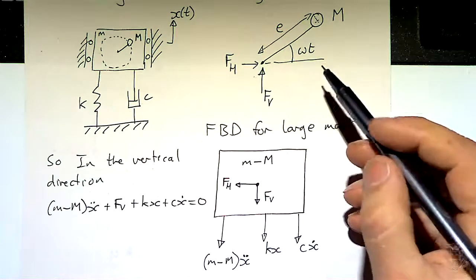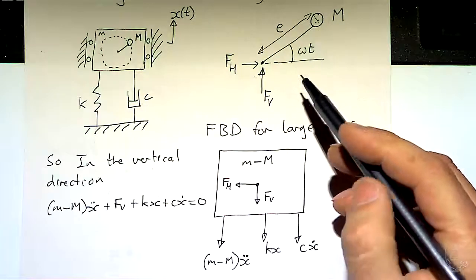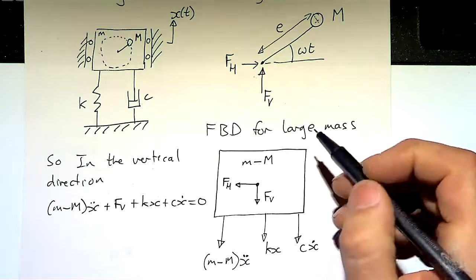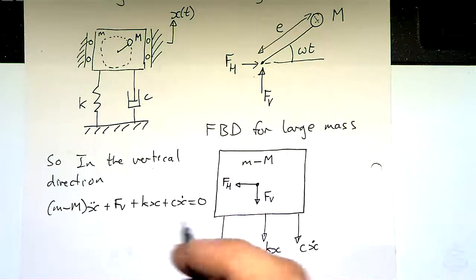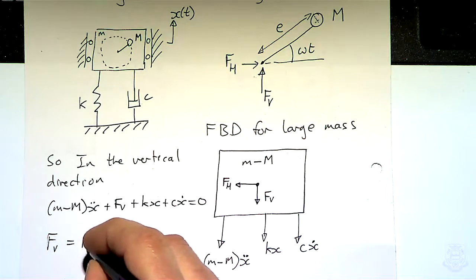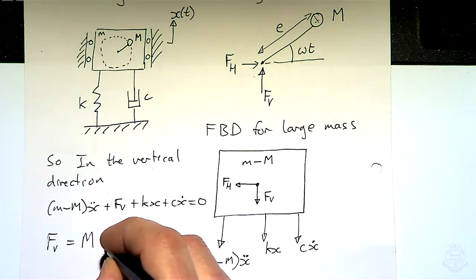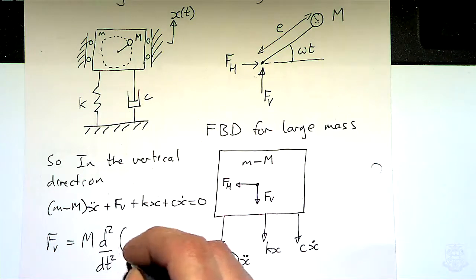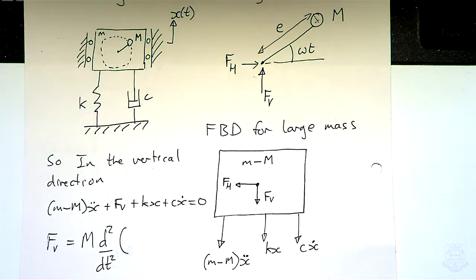Then from the rotating component we can work out what Fv is, using force is mass times acceleration. So Fv is the big mass times the acceleration, which is the second derivative with respect to time of the motion.